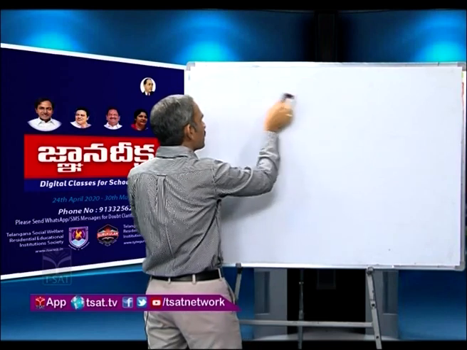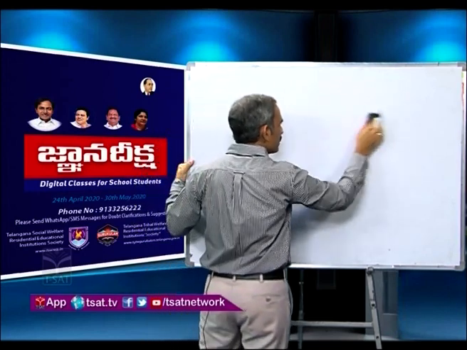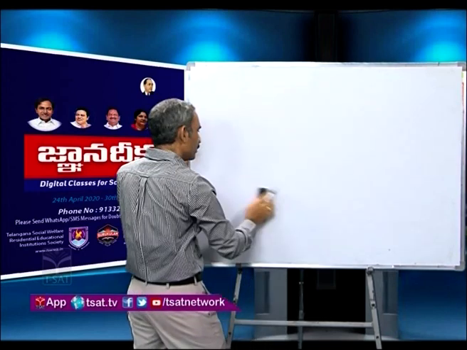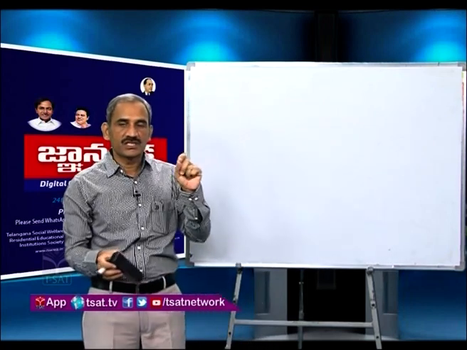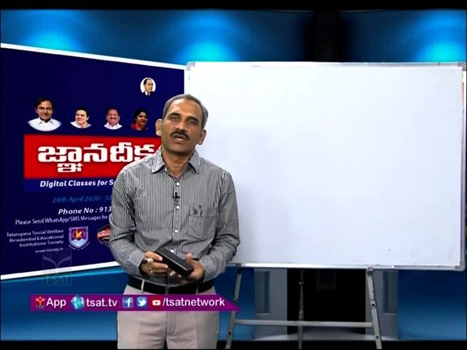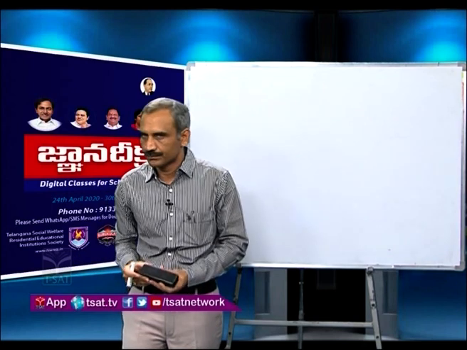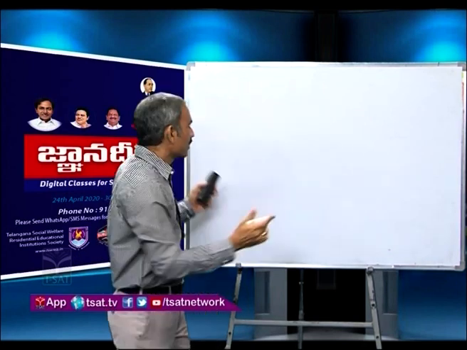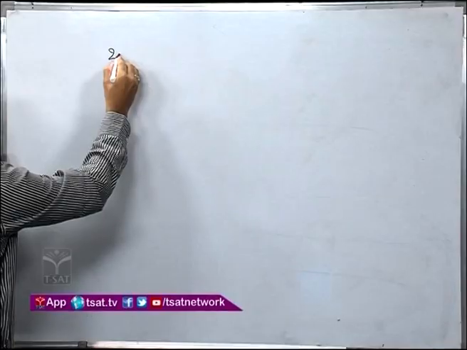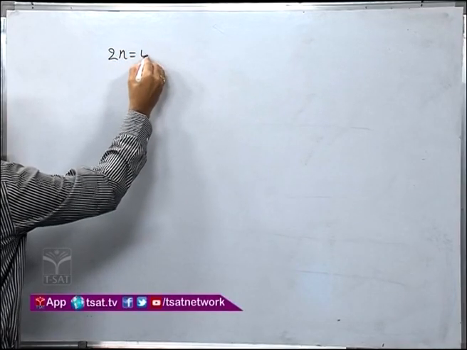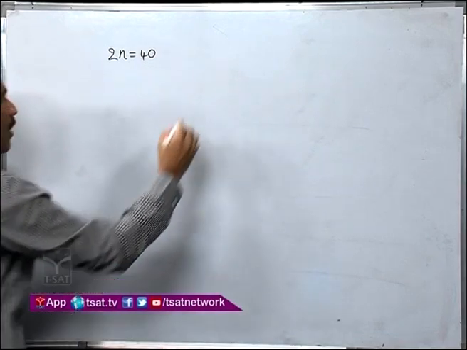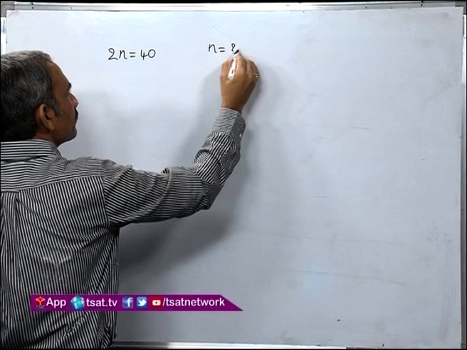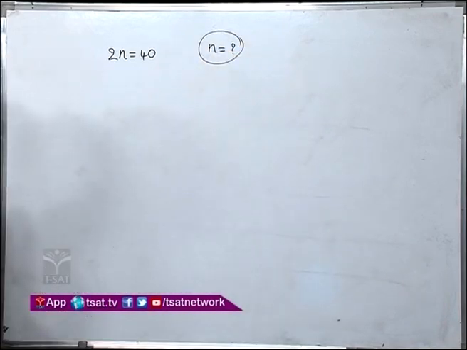Forming or framing an equation is one side, and then you have to find the value of the variable which is included in the equation, which is another side. For example, if you take the first one, 2n is equal to 40. This is an equation. Now, I have to find what the n value is.